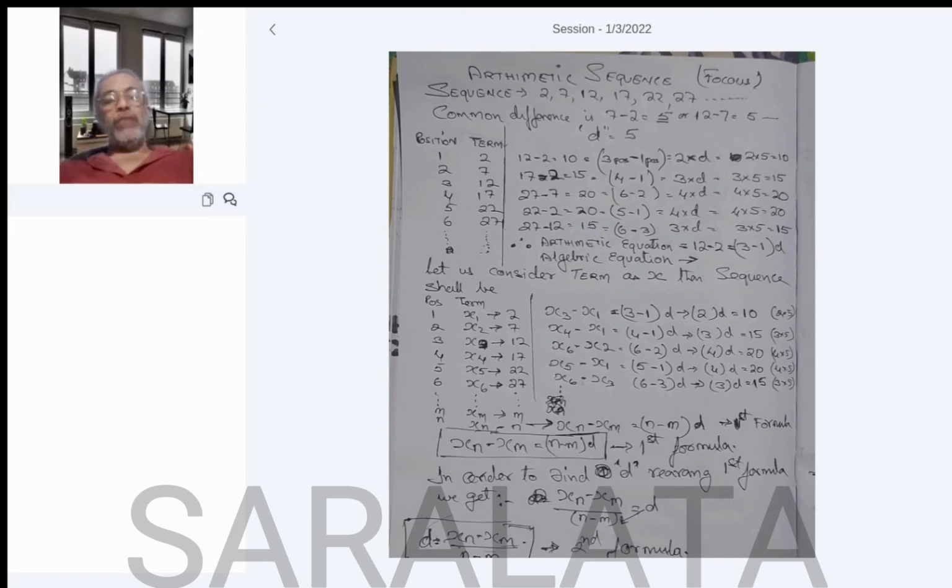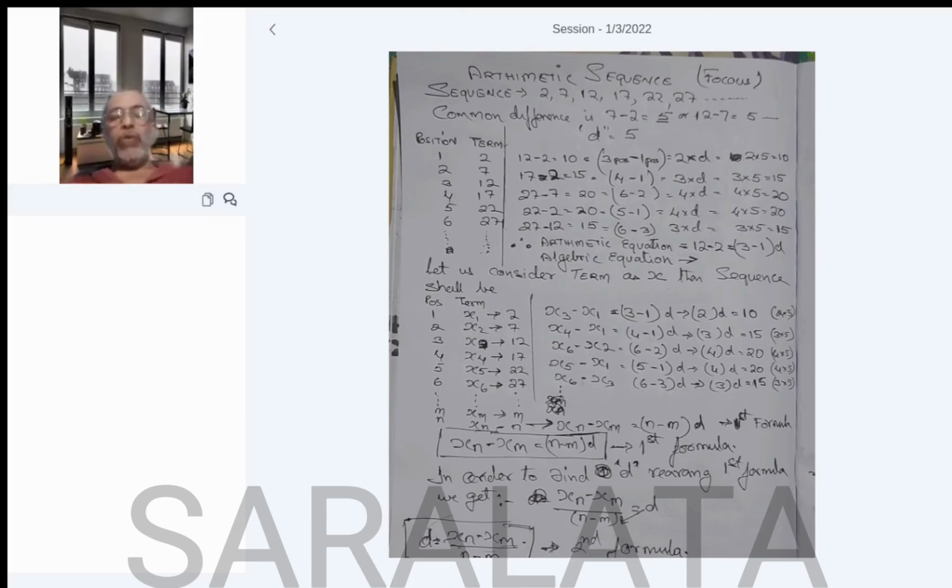If I look at 10, 15, 20, 20, and 15, I can find that they are multiples of 5, because 5 twos are 10, 5 threes are 15, 5 fours are 20. So that's where we get multiples. 5 is common, and the multiples keep changing depending on what position we are at.